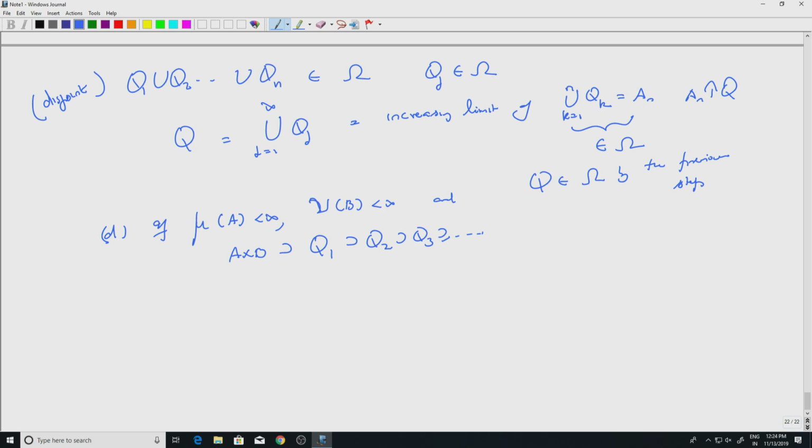Okay. And let us say Q equals the intersection of Qj. If the Qj are in omega, then Q is in omega. So that means if the Qj's are decreasing and for Qj the theorem is true, then for Q also the theorem is true, provided you have this condition.